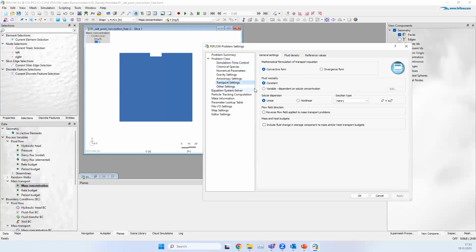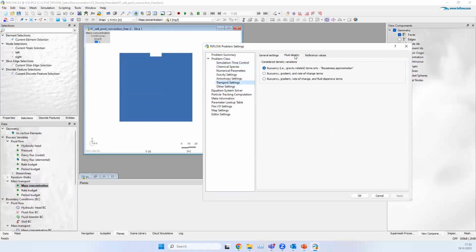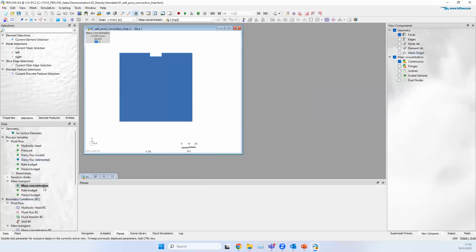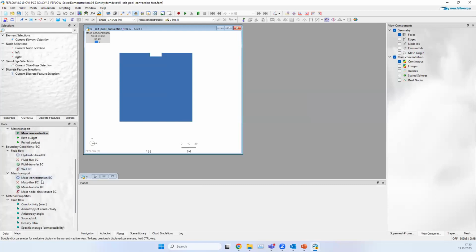And then transport settings, so we solve the typical convective form, fluid density again, Boussinesq, and then we have here the reference value. These are the two values that we were seeing in the equation, so the C0 and the CS, so the maximum 100 milligrams per liter. And what else I need is a set of boundary conditions.